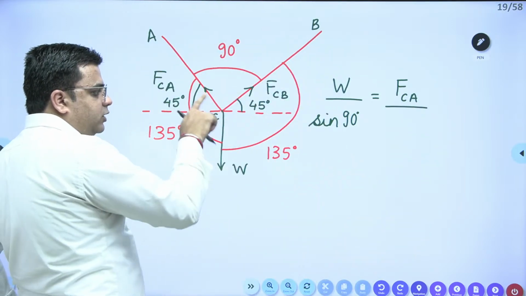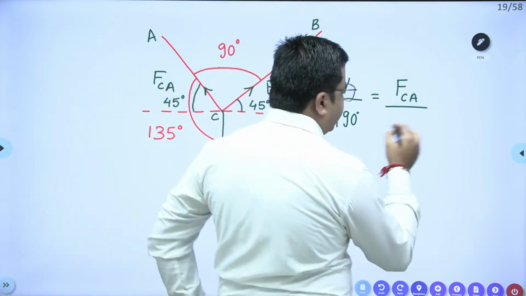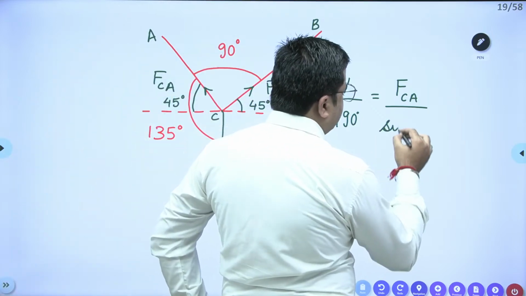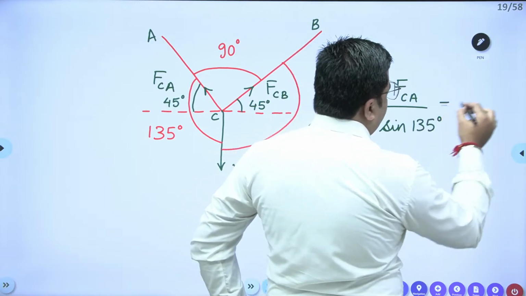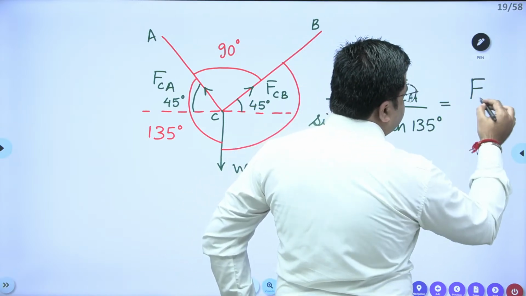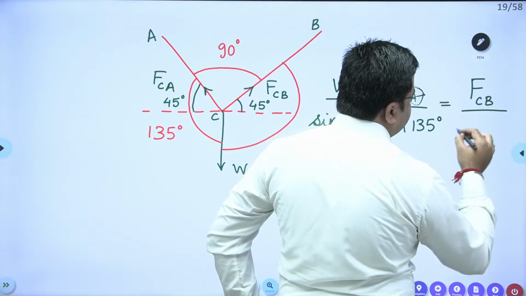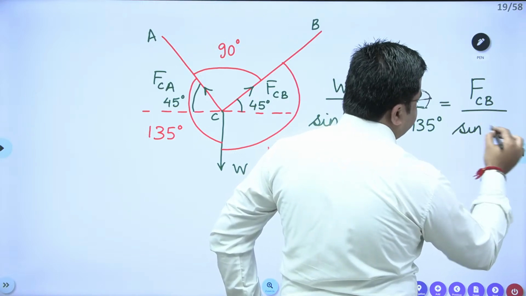Opposite to this member we have an angle of 135 degrees. So sine 135 degrees, equal to FCB divided by sine 135 degrees.